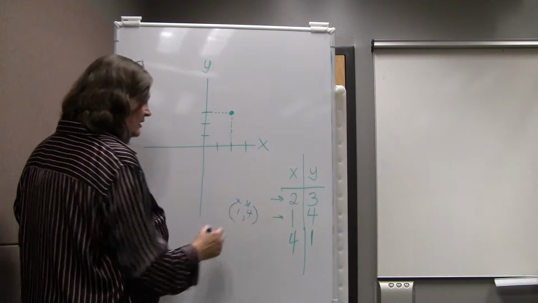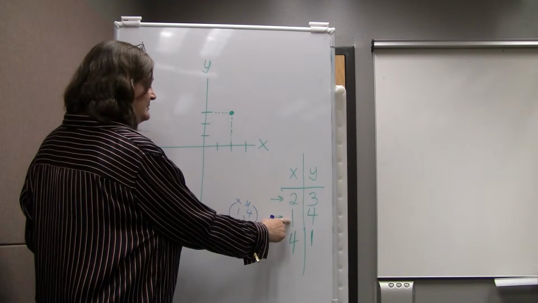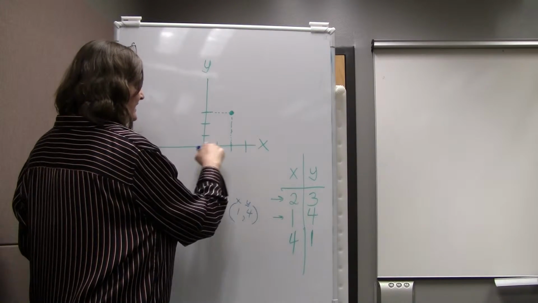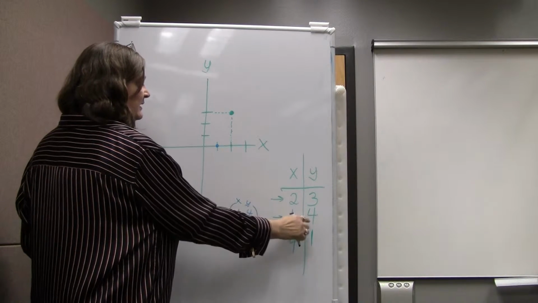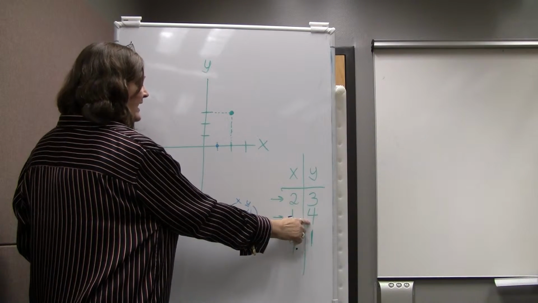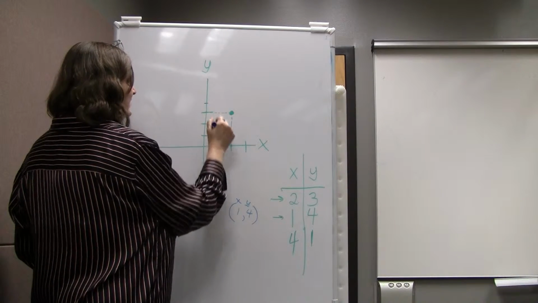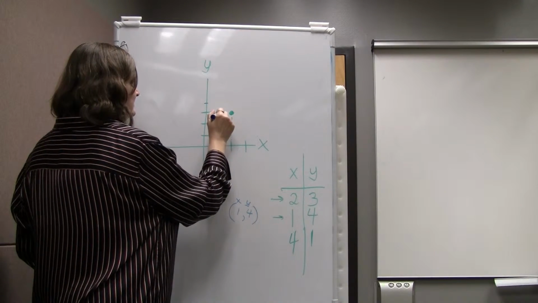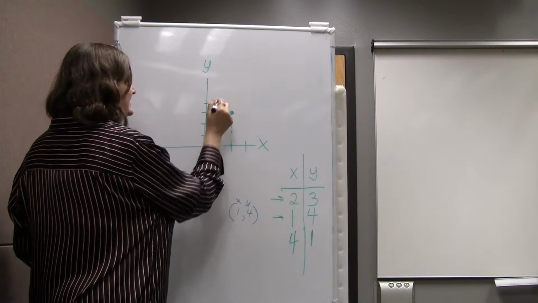The second is always my y. Okay, remember this is my x-coordinate. This is my x-axis. So I'm going to go over 1. And then on the y-axis, I'm going to go up 1, 2, 3, and 4. So let's draw up this way and over this way. And there's my second point.